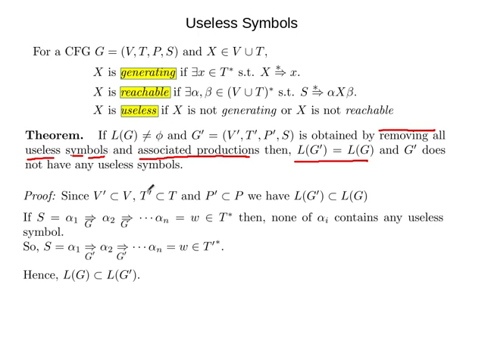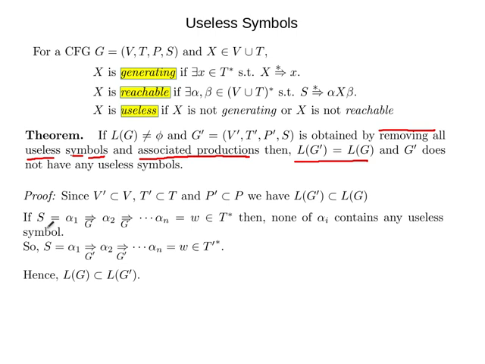And on the other hand, to show this part, suppose you can derive something in G. So these derivations are over G, right? So this S, we call this say alpha 1, and whatever we are deriving, this W, we call this alpha n, and this is over terminals in G. So if we can have such a derivation in G, then we see that none of these alpha i's contain any useless symbol, because that's by the definition of useless symbol, right?